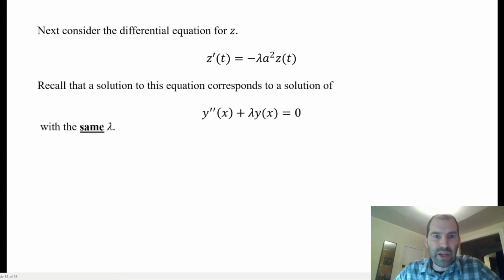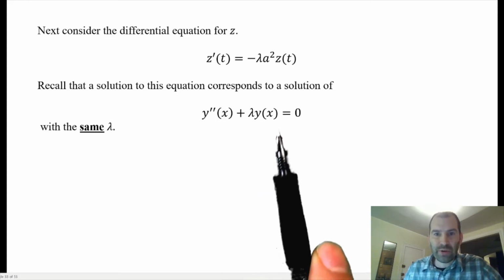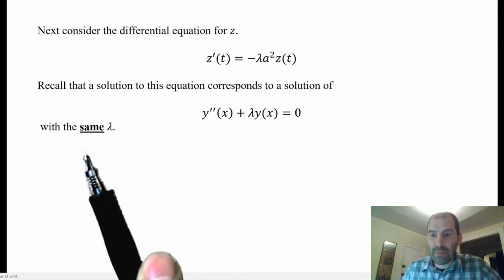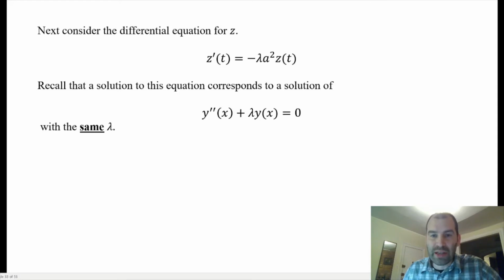That differential equation there corresponds to a solution of this differential equation with the same lambda. Remember, a few slides ago, we had both of those equal to negative lambda. That's the same lambda. Those weren't different constants. Those were the same constants.